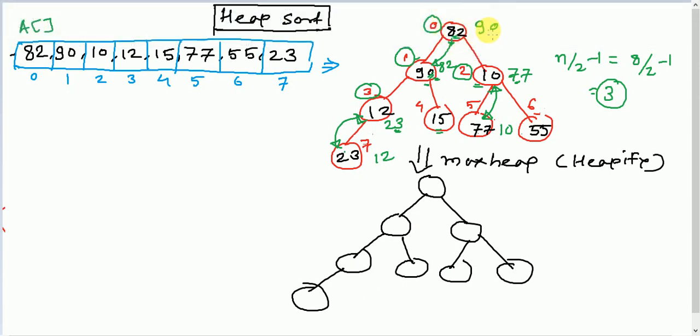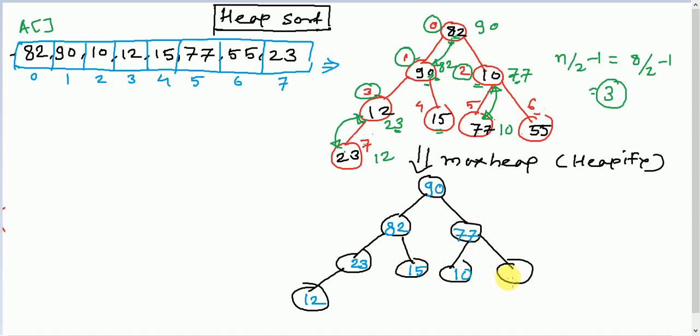After rearrangement, 90 will come here, as you can see in the green numbers. 82 will come here, 77 will be here, there will be 23, 12 will come here, and 15.